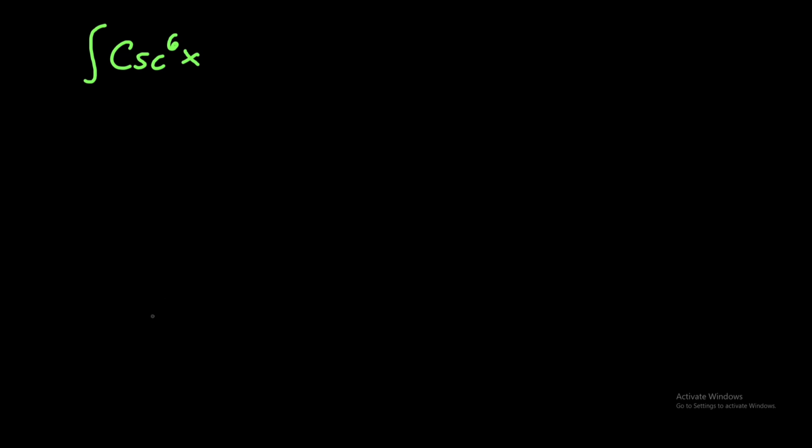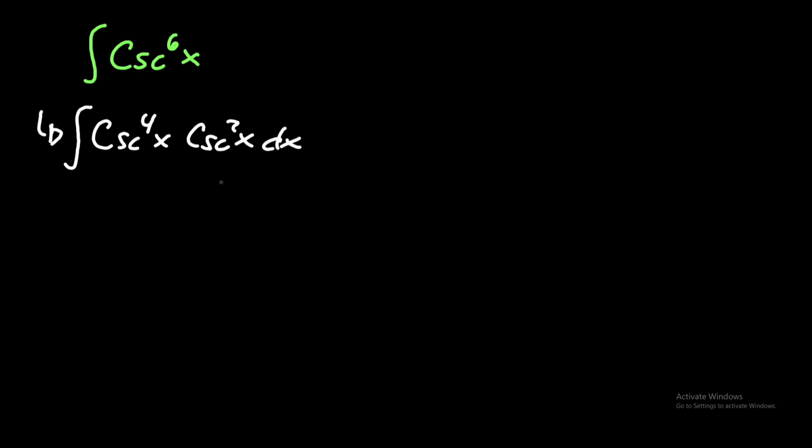Let's move on to the last example, the integral of cosecant to the power of 6 of x. As I said earlier, this exponent is an even number, so this will be simpler than the odd case. What we're going to do here first is to factor out cosecant squared of x.